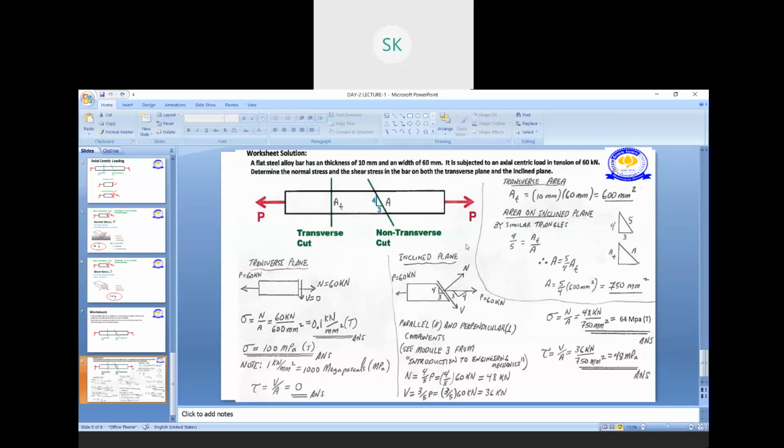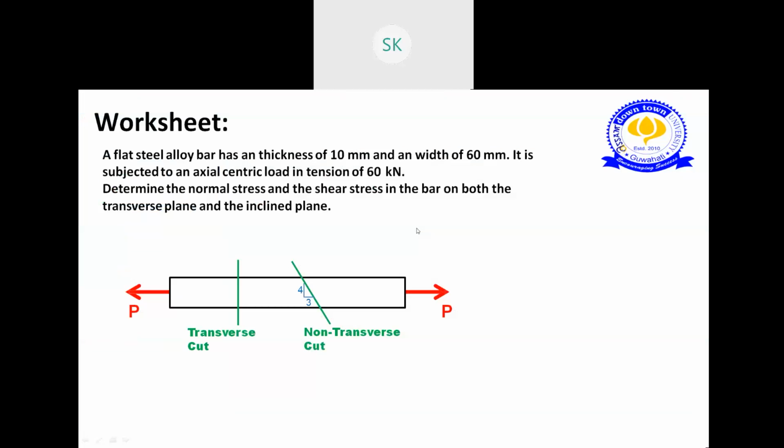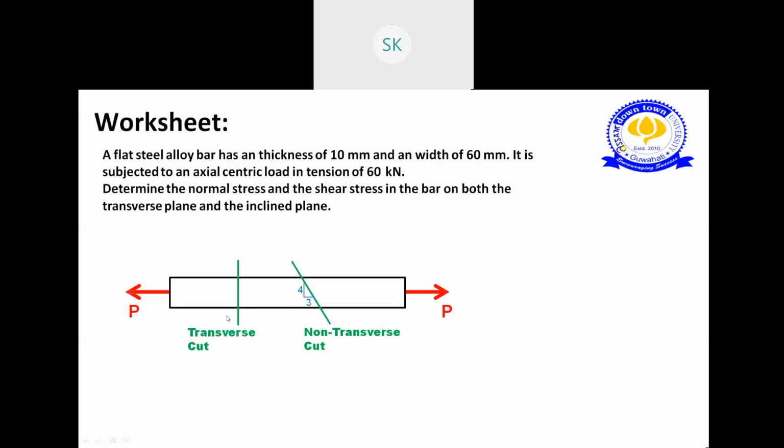Okay, please write the question and try it once. A flat steel alloy bar has a thickness of 10 mm and width of 60 mm, and it is subjected to an axial centric load in tension of 60 kilonewton. Determine the normal stress and the shear stress in the bar on both the transverse plane and inclined plane. First find out for transverse plane. Draw the free body diagram, see what forces are acting, apply equilibrium, and find the normal stress and shear stress.